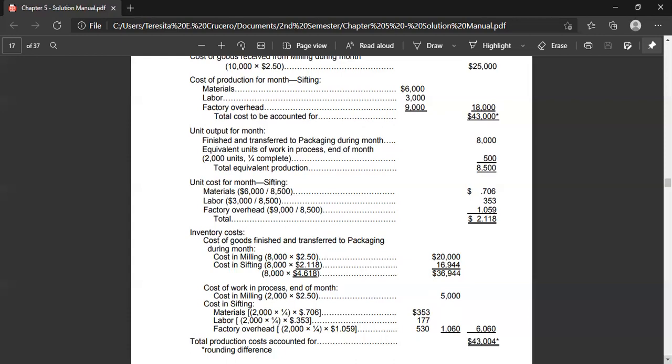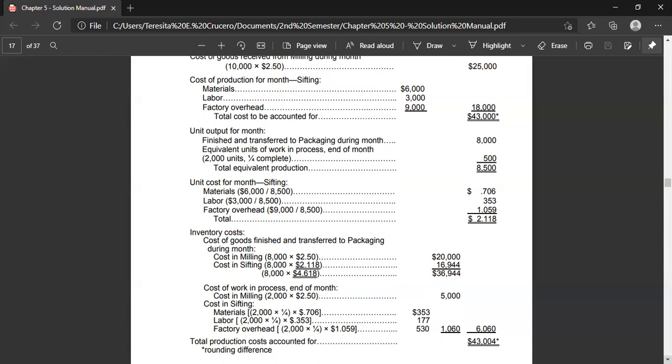Then we have the cost in shifting for materials, labor, and we have factory overhead. So now materials 2,000 by one fourth, labor by one fourth, and factory overhead still one fourth.